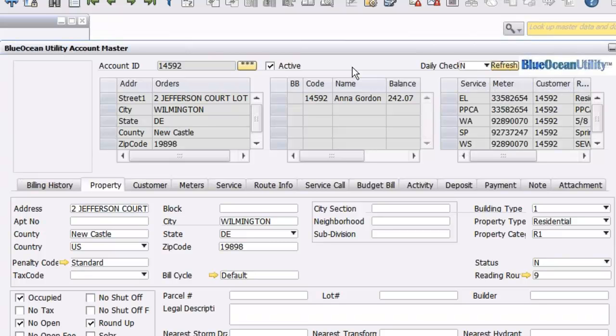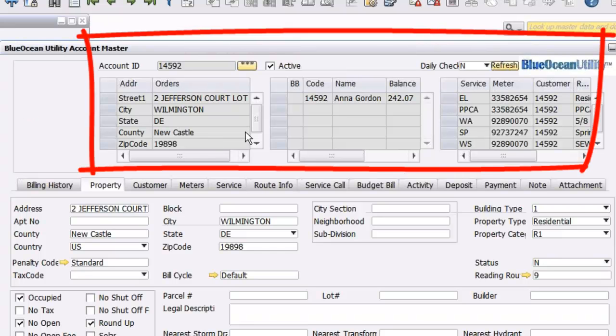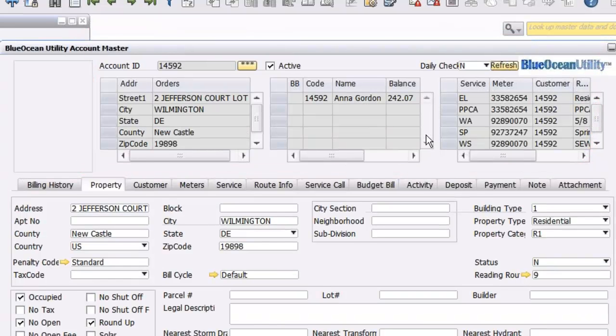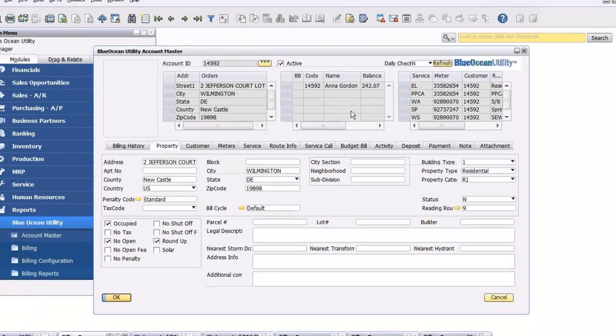When we first pull up an account, which is a property, this screen appears. At the top, at a glance, we can see key information about the property, its address, the customer related to the property, and the services consumed by that customer.